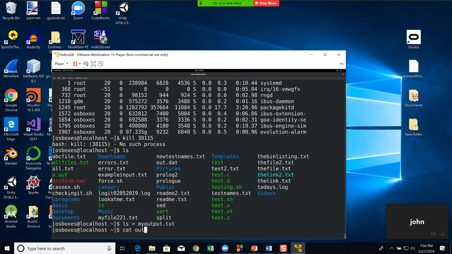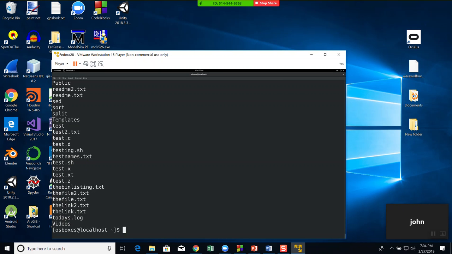And so if I do a cat myoutput.txt, you see that it went to that file. Now it doesn't have its formatting. I really don't know how you keep the formatting. It just seems to always lose it. But that's what it's talking about. It's so easy to redirect whatever normally went to the screen to your file.